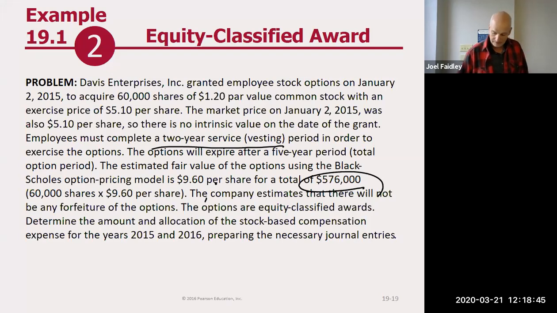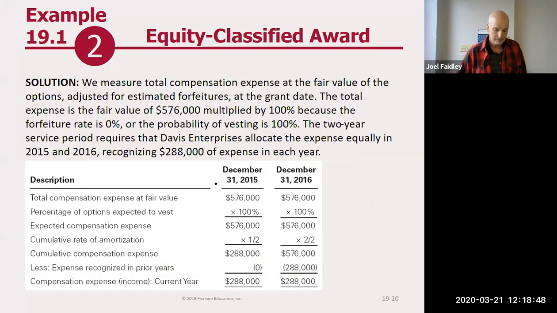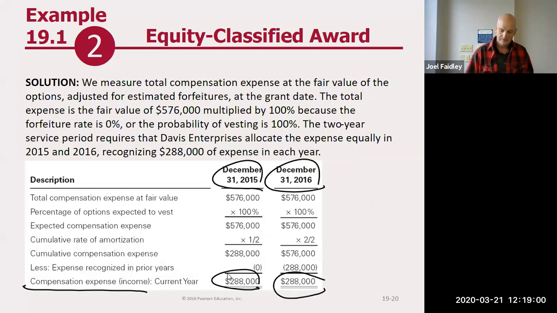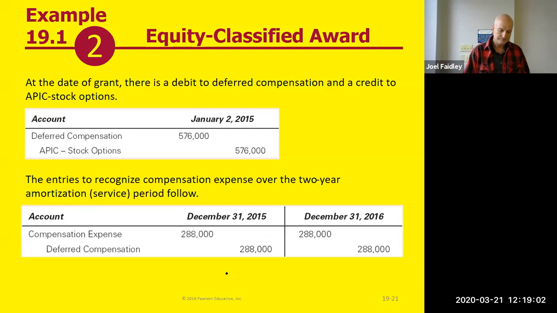So what does that look like? Well, $576,000 over 2 years, you're going to recognize compensation expense of $288,000 for each of these years, going to your income statement. The first entry we're going to make, these are equity accounts.